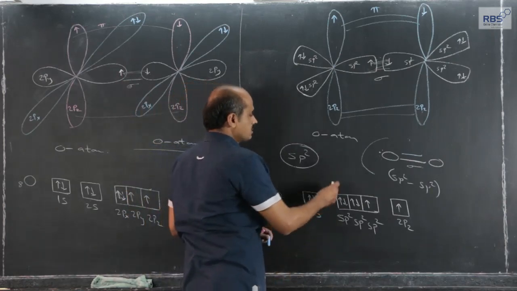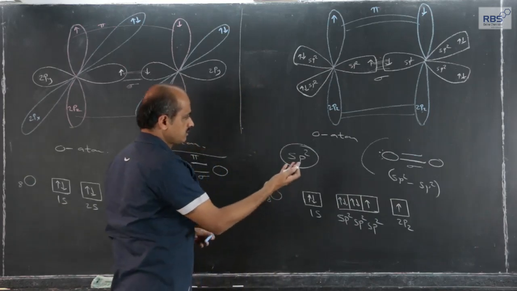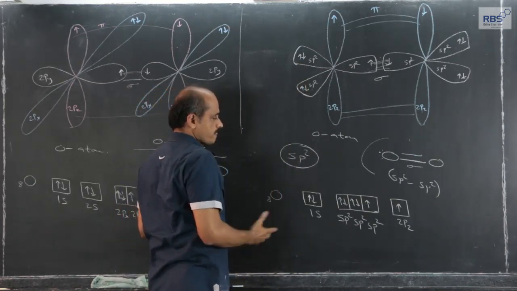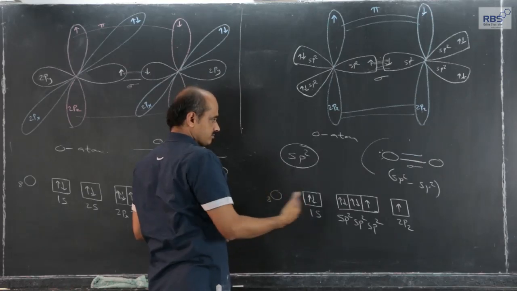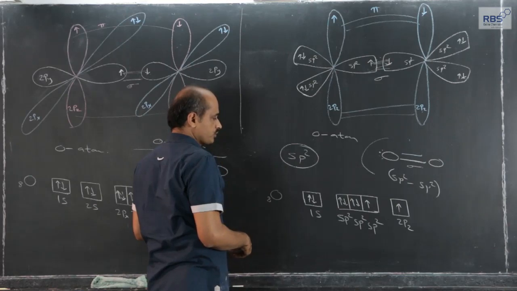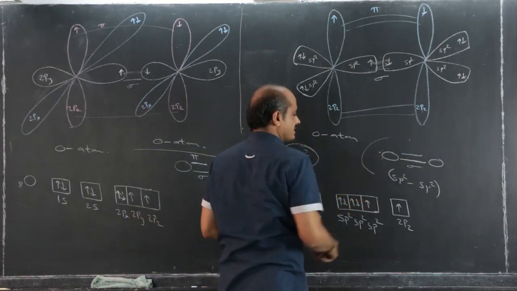So the oxygen atom undergoes sp2 hybridization, which can explain how the lone pairs will be aligned, how the pi bond formation is possible, and how the two lone pairs do not interfere in the bond formation. That is important.